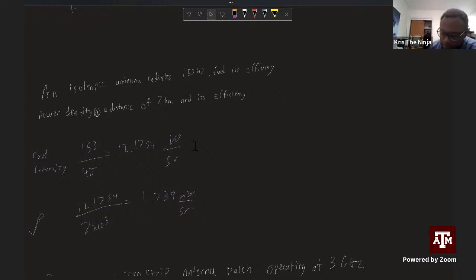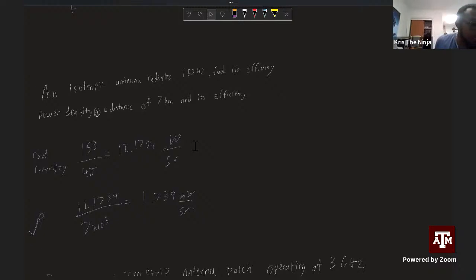Okay, with the help from the homework, we should be able to find the isotropic radiation intensity from this.